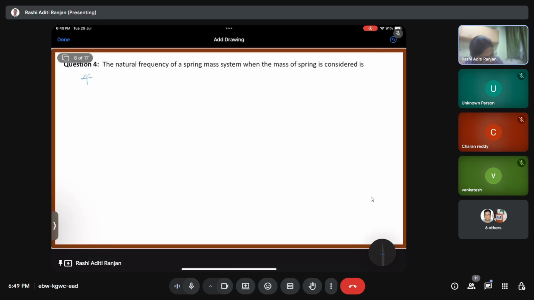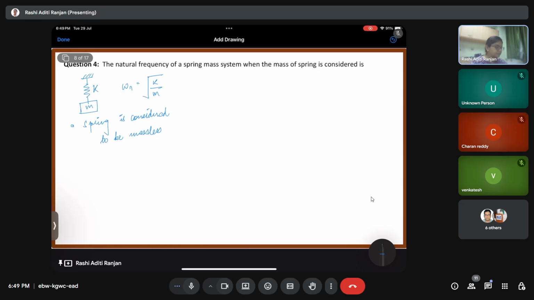So we have a spring and then we have a mass, with a stiffness K. In this case my natural frequency is as usual, but here there is an assumption that the spring is considered to be massless.